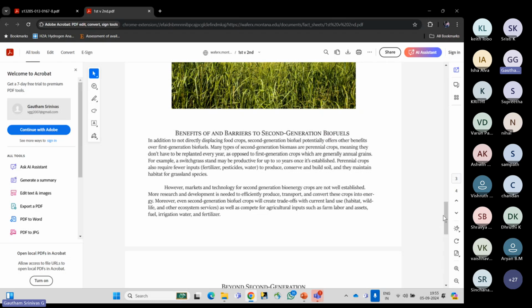So the benefits and barriers of second generation biofuels. The main drawback here is that the markets and technology are not well established. So basically, if you are taking residues from somewhere, where will you use it?